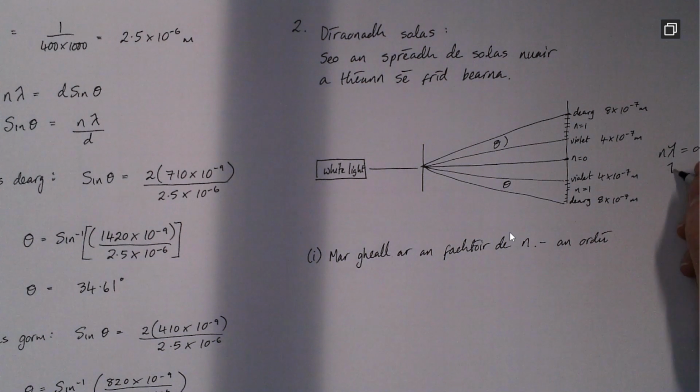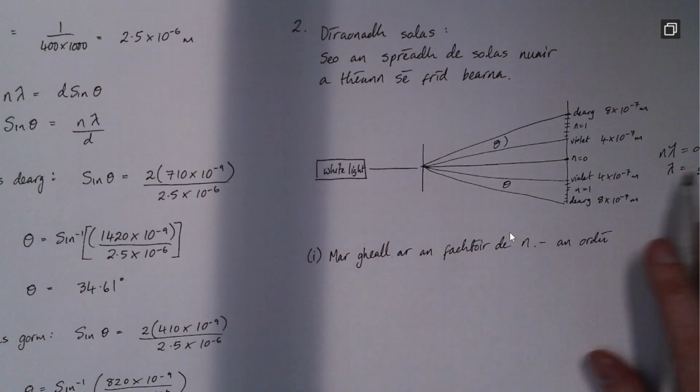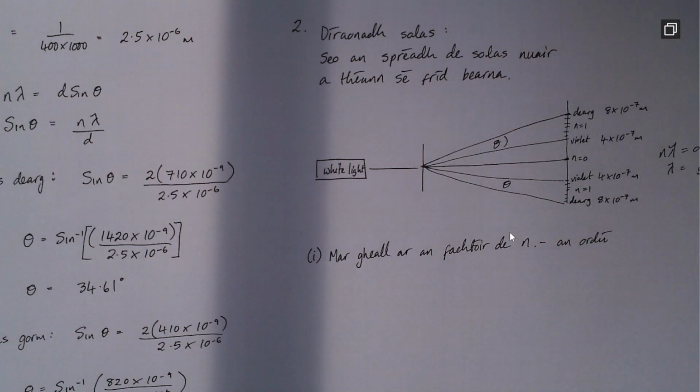So the wavelength lambda is equal to d sine theta over n. Now the diffraction grating spacing doesn't change, and the pattern gets wider as we move up, so the sine of the angle needs to be twice as big. So you can see what I mean, therefore it's greater.